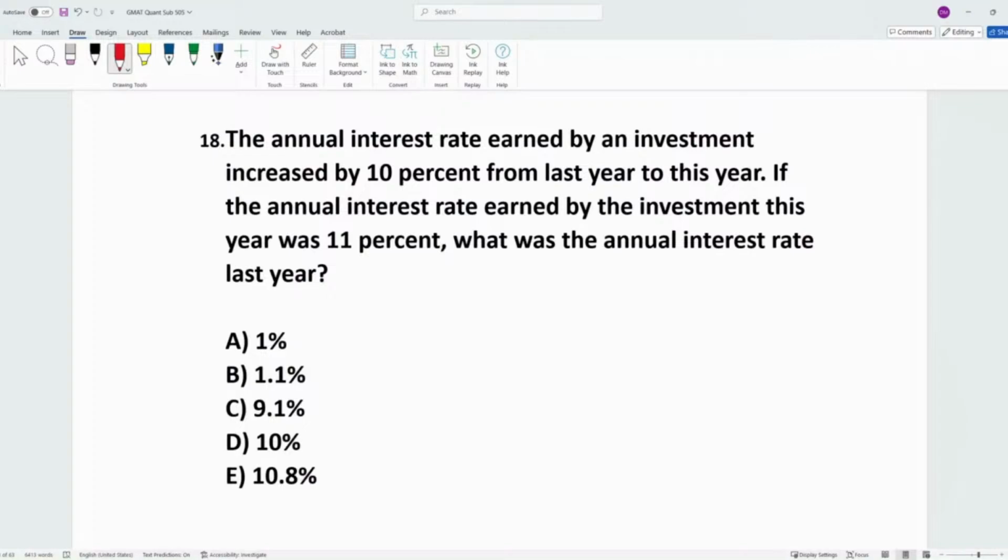If the annual interest rate earned by the investment this year was 11%, what was the annual interest rate last year? So what we can understand here is this phrase: the annual interest earned by the investment this year is 11%.